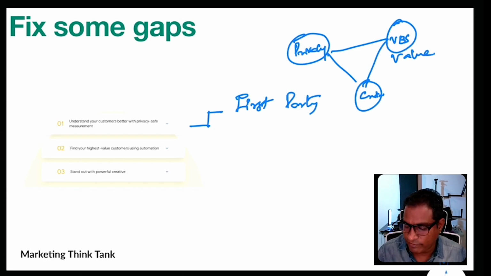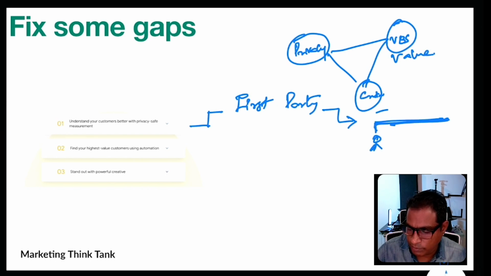Now, even when you get first-party data, it is very difficult for us to get a complete, holistic picture because, let's say, the first interaction happened on a desktop, the second interaction happened on a mobile phone, right? And the third interaction of the user happened in the physical store.